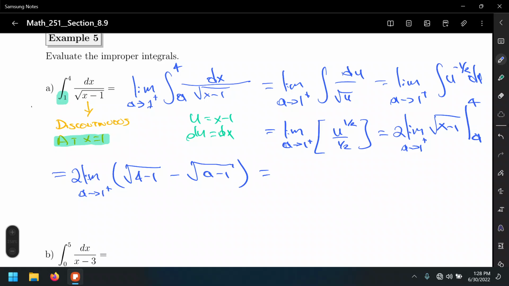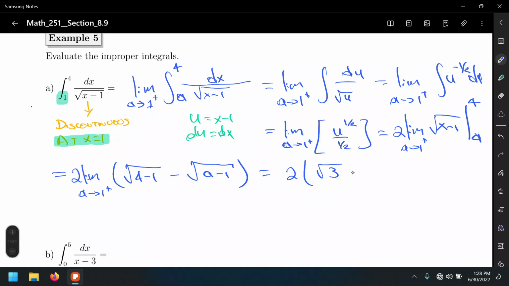The square root of 4 minus 1 is the square root of 3, so that's 2 times the square root of 3. And where is this limit going to go when a minus 1 approaches 0 from the right? This one is fine because we're approaching from the right, so the limit will exist.